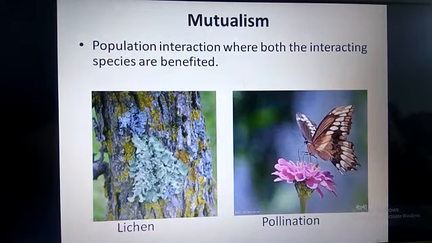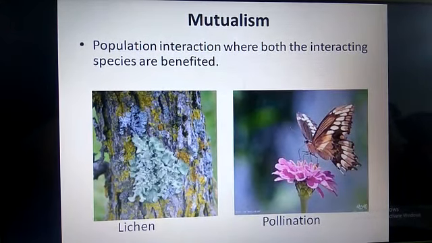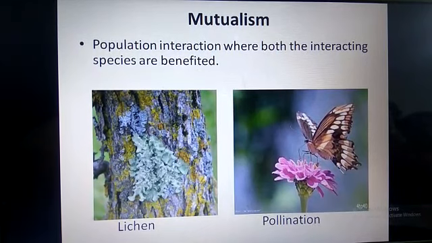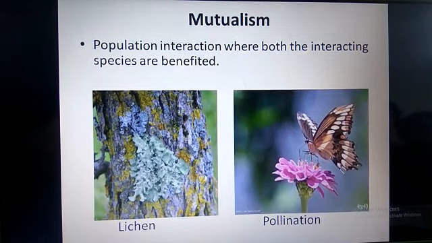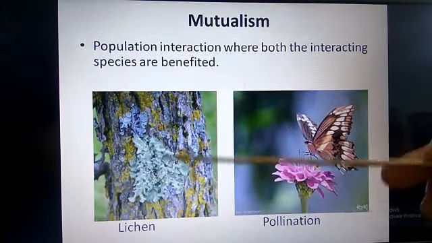The next one is mutualism. Mutualism is a kind of population interaction where both the interacting species are benefited. An example is lichen. You can see the picture of lichen. Lichen is a symbiotic association between algae and fungi.